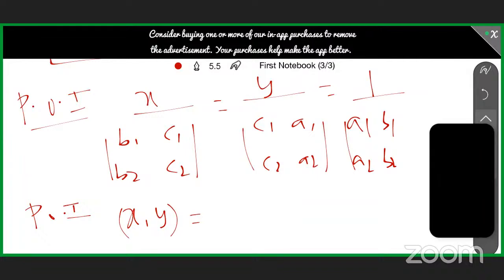We found out the point of intersection. So is it 5 by 4 and 5 by 4? 5 by 4 is okay. What about the y coordinate?